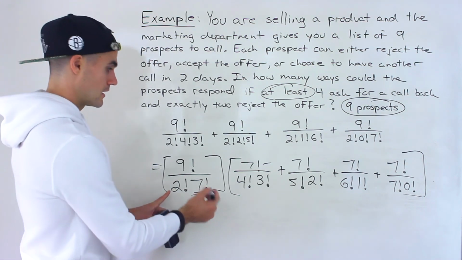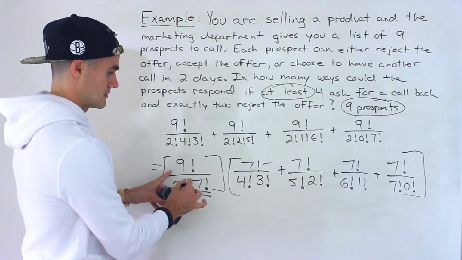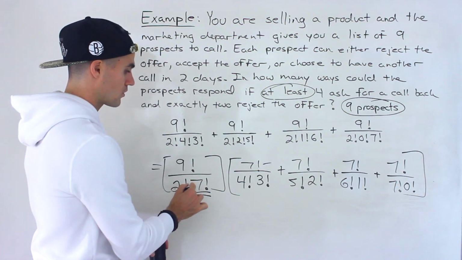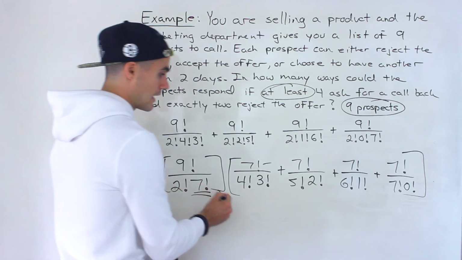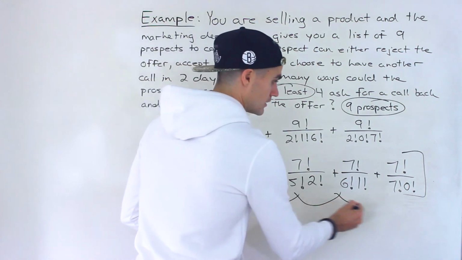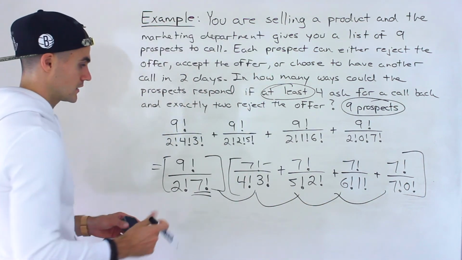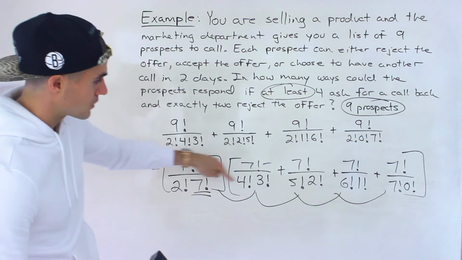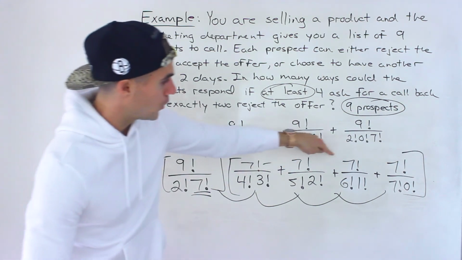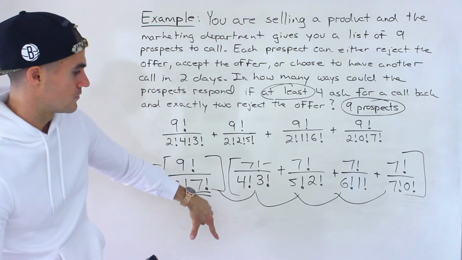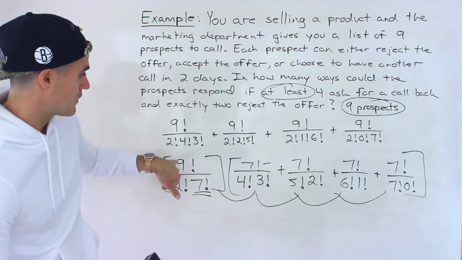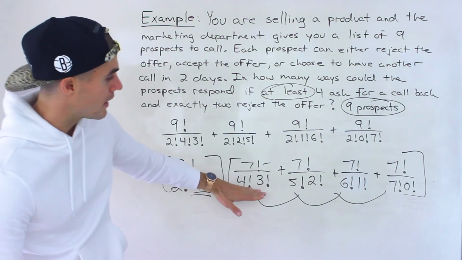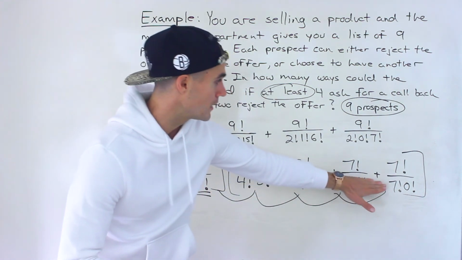And notice that if we take this 9 factorial over 2 factorial, 7 factorial, and we distribute it in the bracket, right, just mathematically, notice that when we take this and multiply it by this, the 7 factorials will always cancel out. And so we'd end up with 9 factorial at the top and then 2 factorial multiplied by these denominators.